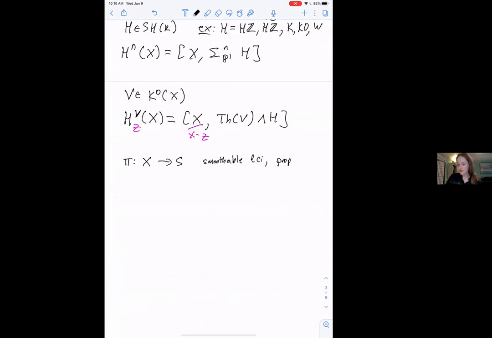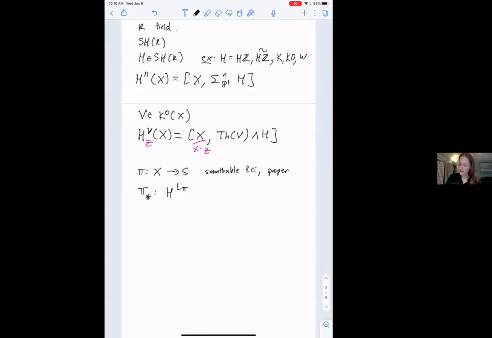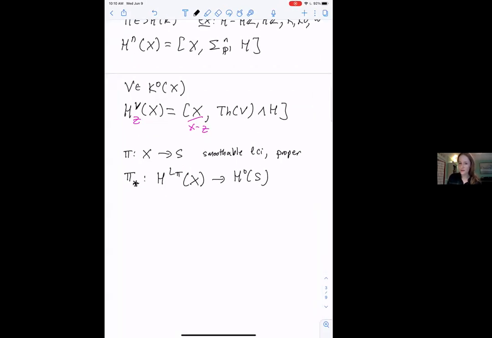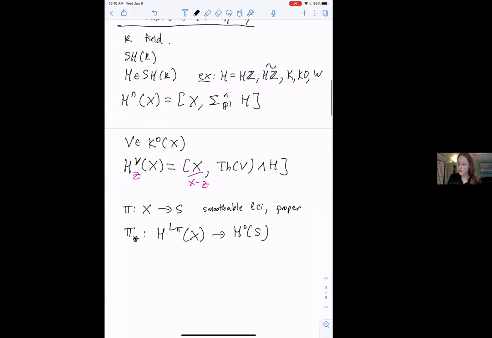Let's let this be proper. Then we've got a push forward from the cohomology in degree indexed by the cotangent complex of pi, from X to H^0 of S. And this gives an Euler class. So here are the cohomology groups here. And then we've got an Euler class and number.